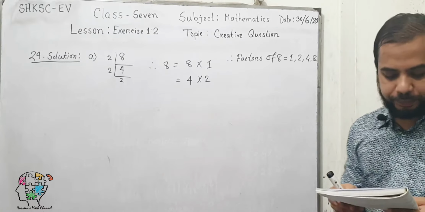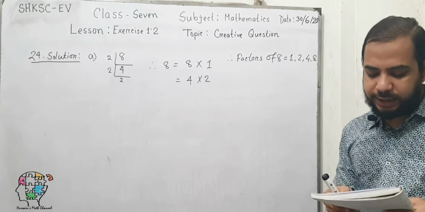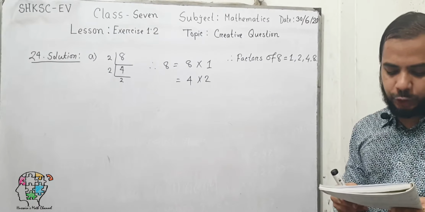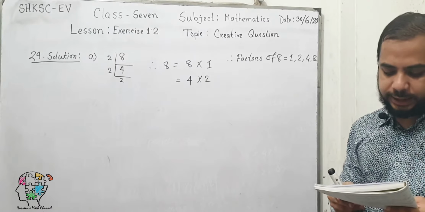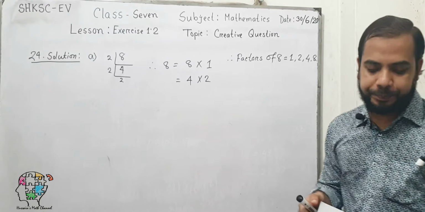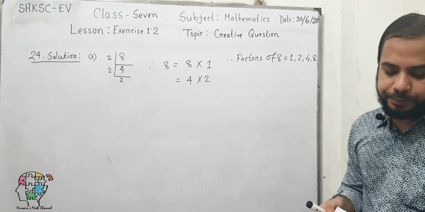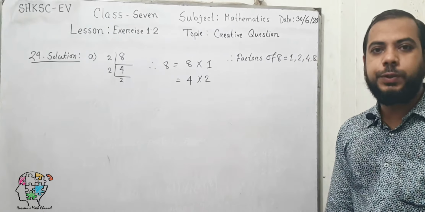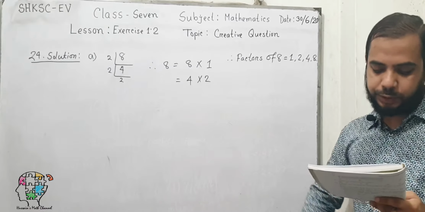Now question number B. What is the least number by which the number of troops is to be multiplied so that the troops can be arranged in a square form?